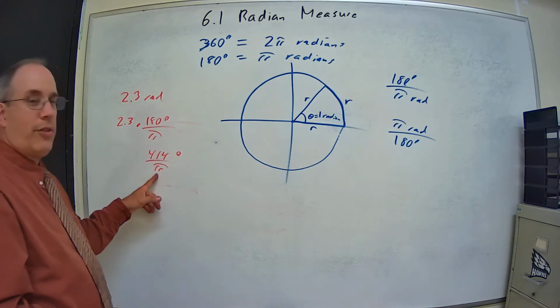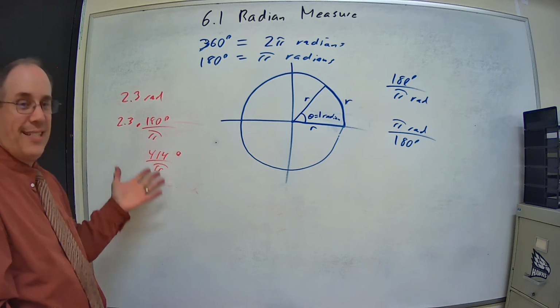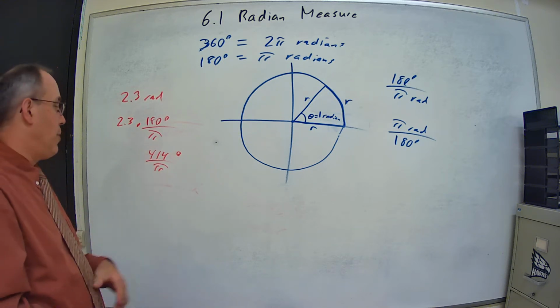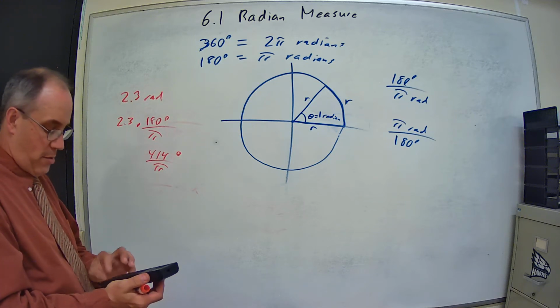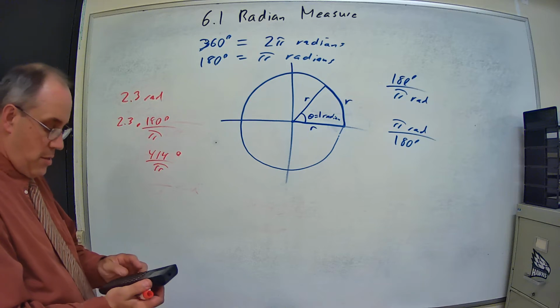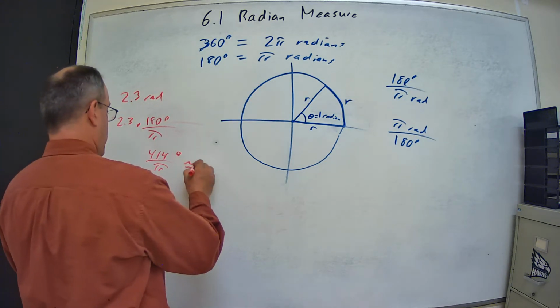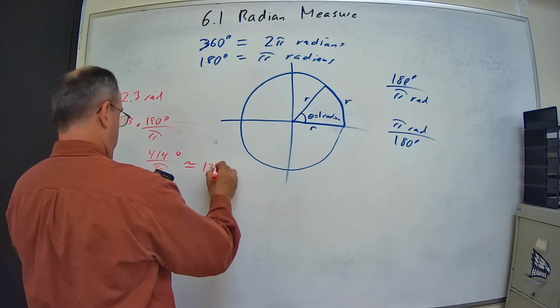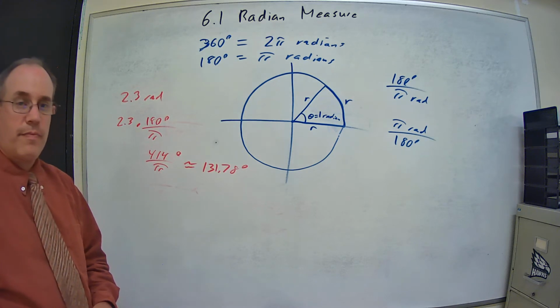Now, I don't like having pi in the denominator. I could leave it there and that would be an exact answer, but I don't really like having pi in the denominator, so I'm going to divide by pi. And that gives me approximately 131.78 degrees.